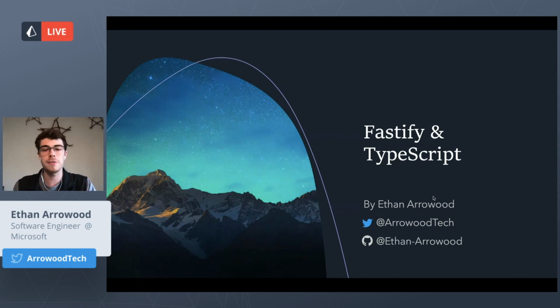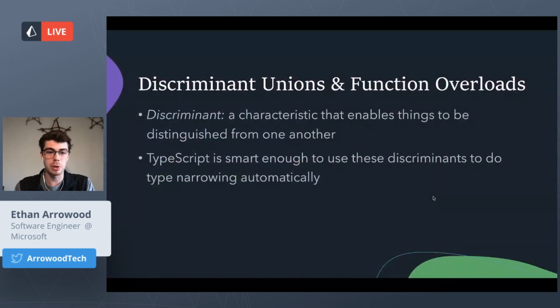But Fastify was a bit more unique because of the way the Fastify API is built, we had to do a lot more heavy lifting, so to speak. And so without further ado, let me jump into the first topic of my talk today, and that is discriminant unions and function overloads.